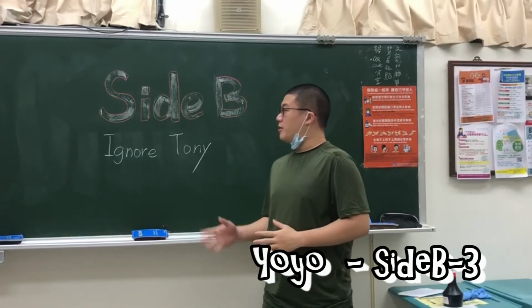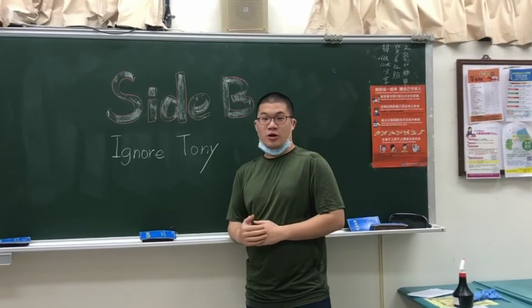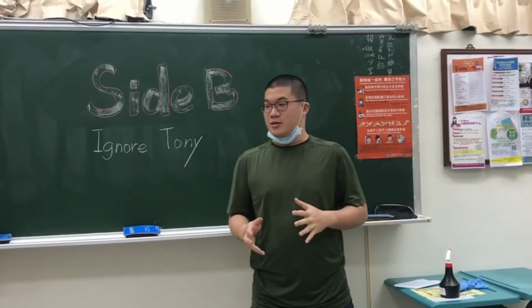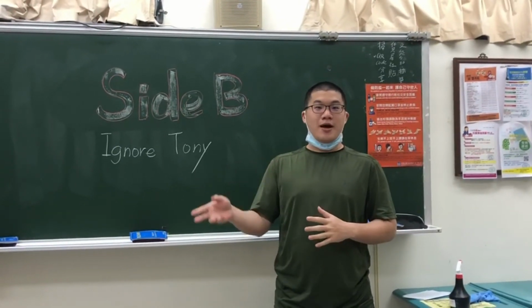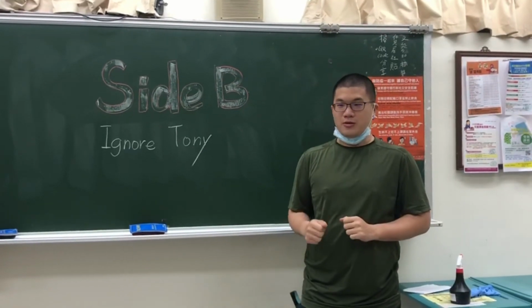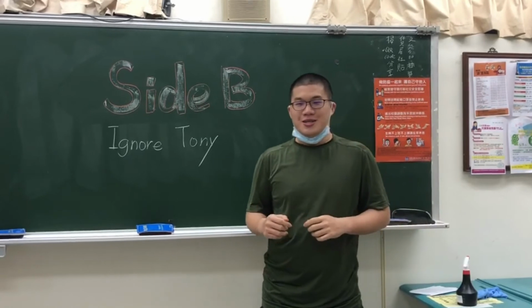I'm Yo-Yo and I'm on side B, so we choose to ignore Tony, this boy. And in the story, we know that Miss Lin had already reminded Tony not to use his phone in the class, but Tony just ignored her.